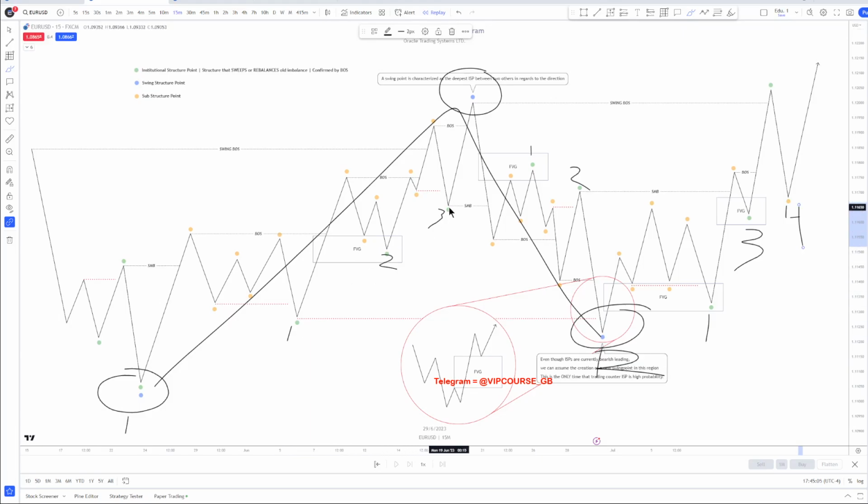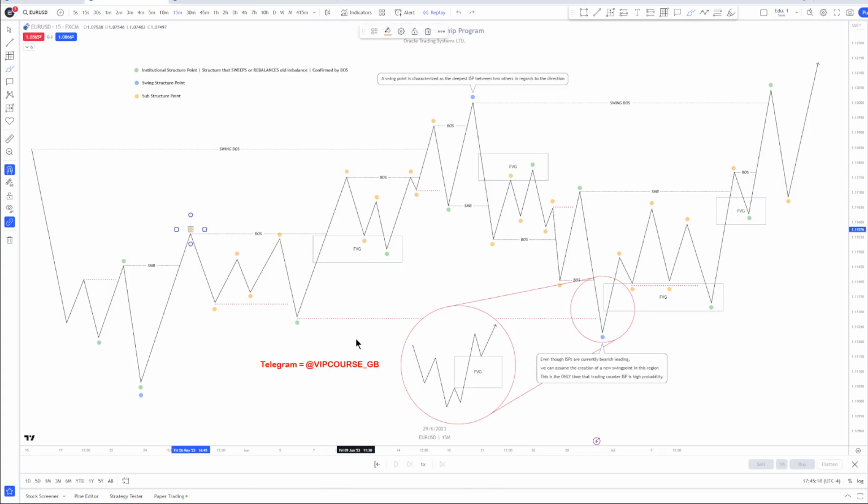Potentially able to take 10 trades, or 11 if we want to count this one. Whereas only focusing on swing structure, we'd only have potentially 1 and 2 trades.